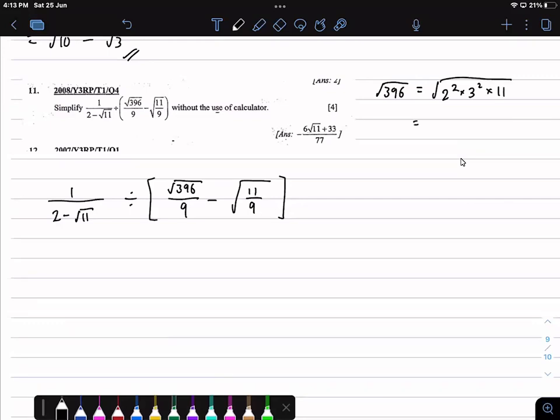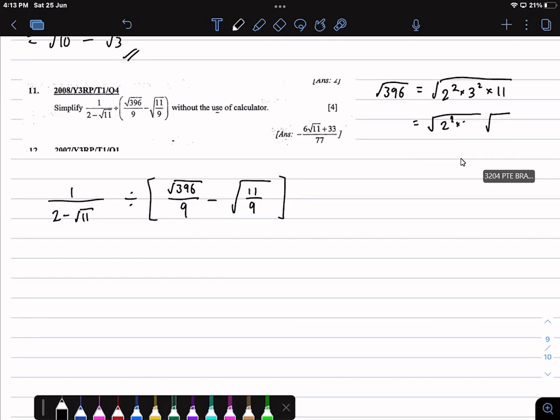Very good. So what's the biggest perfect square here? Yes, exactly, and therefore, yes, correct.